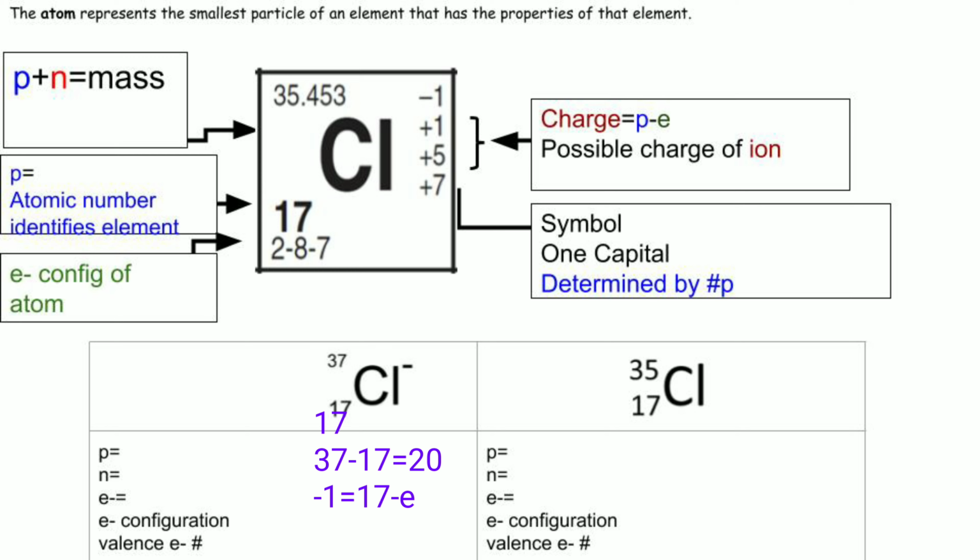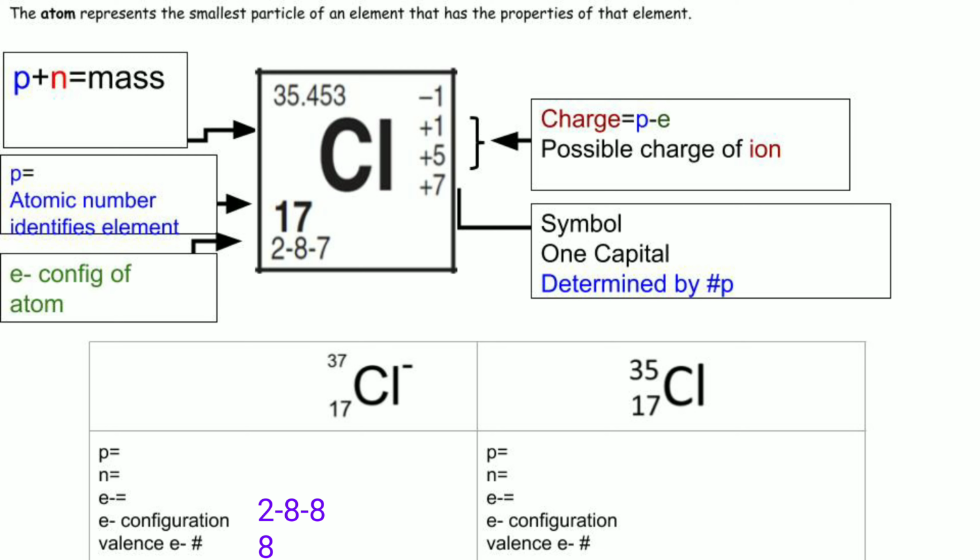The number of electrons is found by using the charge equals the protons minus the electrons. In chemistry, we do not typically write ones, so this negative charge means it's a -1 charge. -1 equals 17 minus what number? That means there must be 18 electrons.